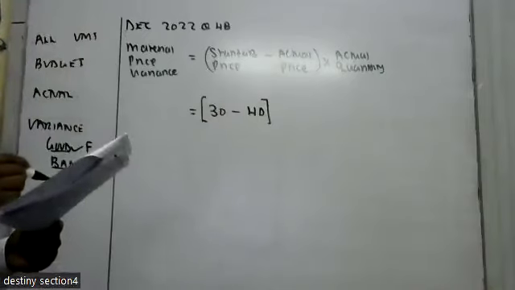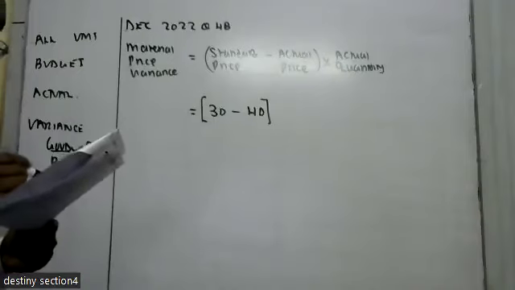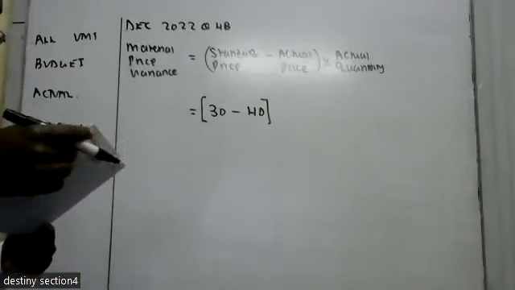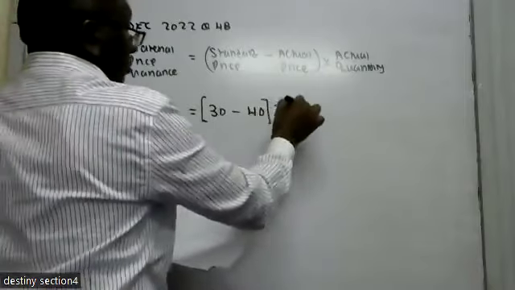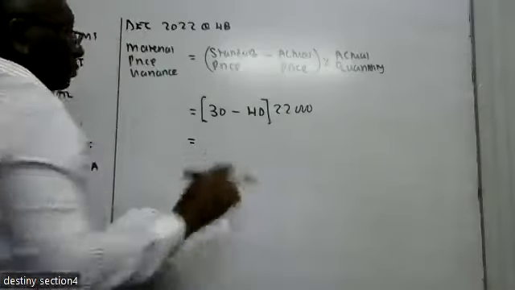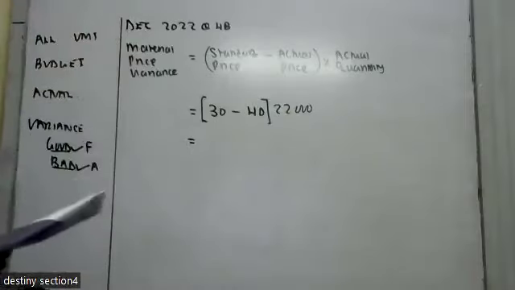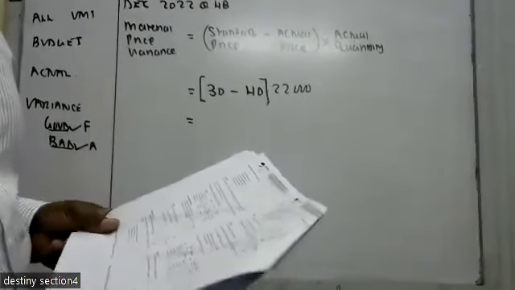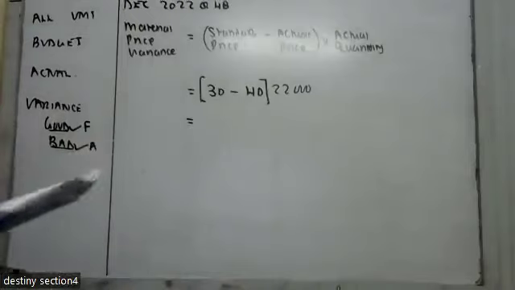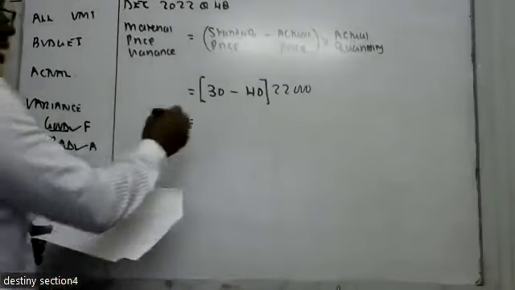Then you multiply by the actual quantity used. So the actual quantity used is 22,000. $220,000.